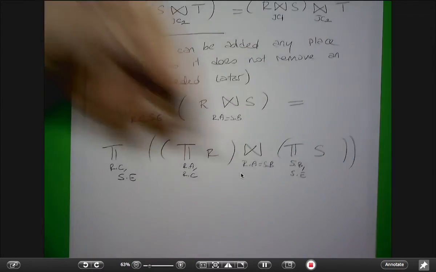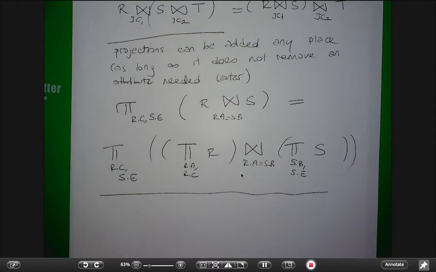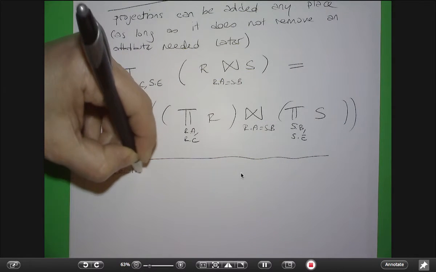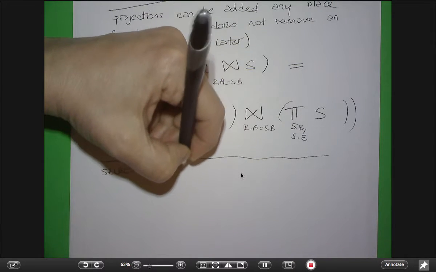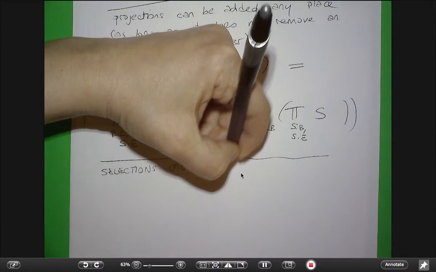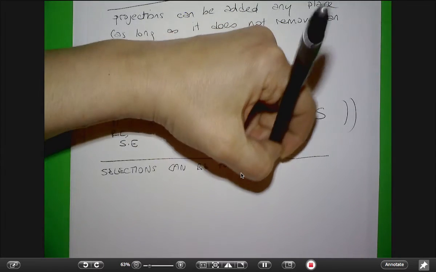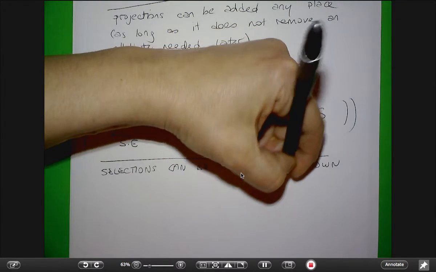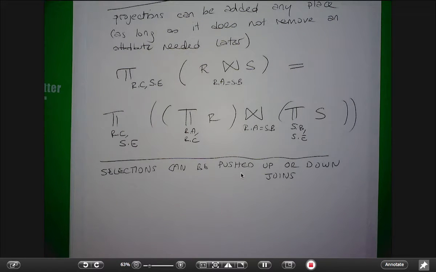Now we come to the most common one, which is selections. Selections can be pushed up and down. So if you have a join, you can push selections above or below it.